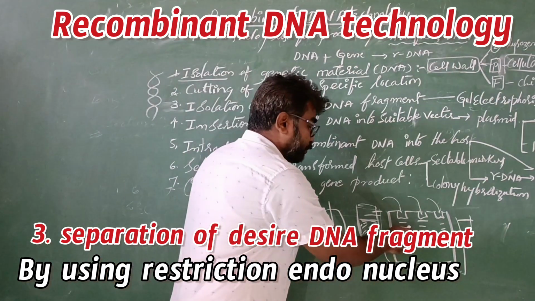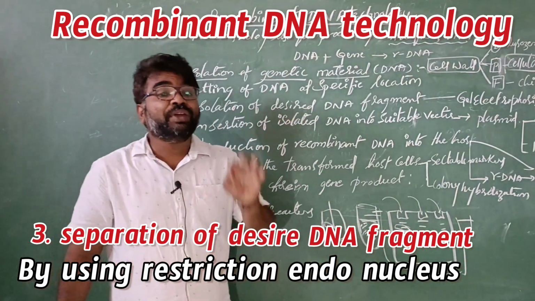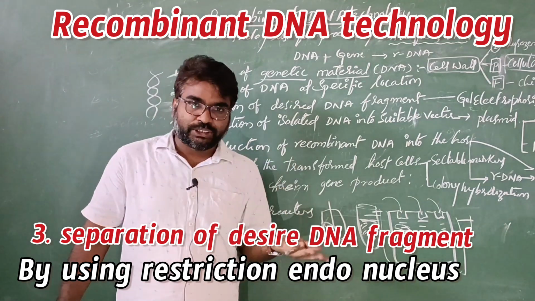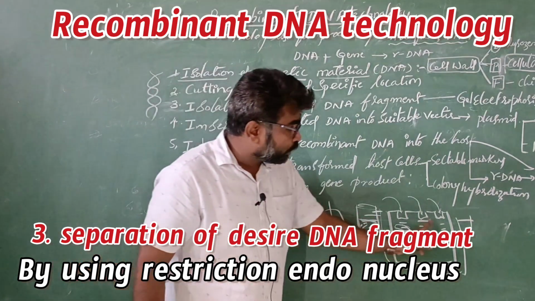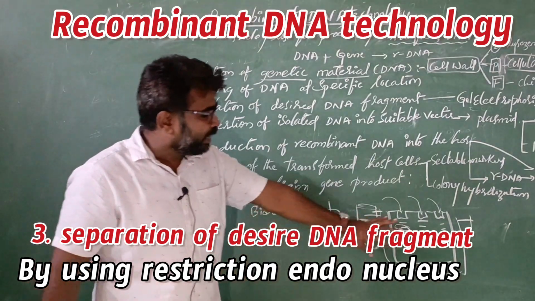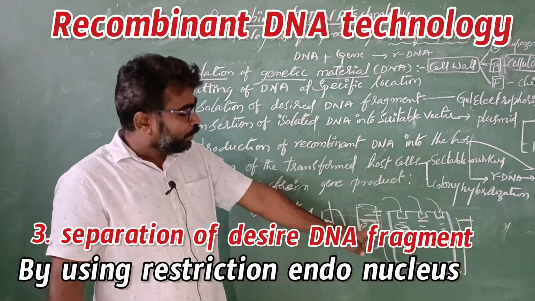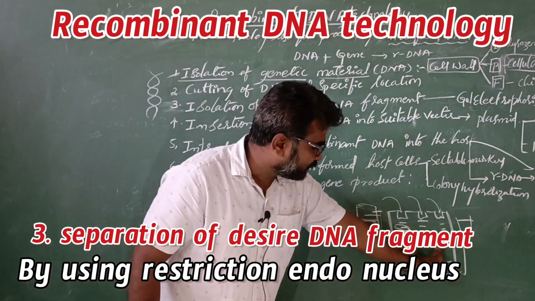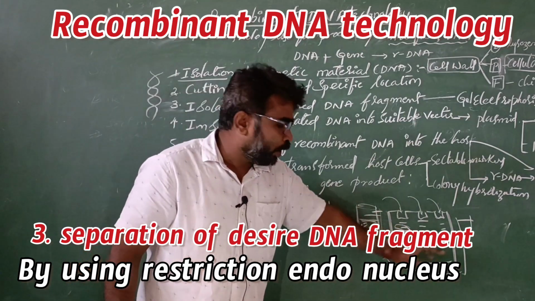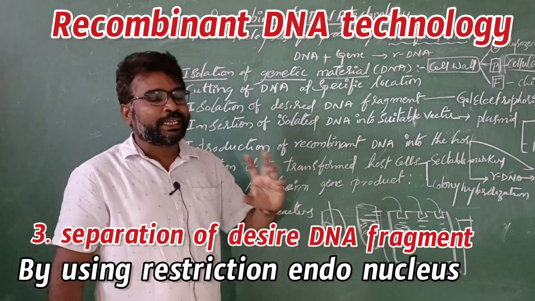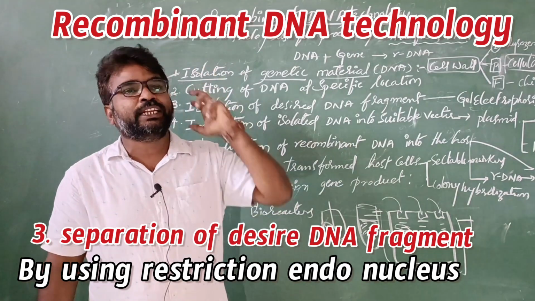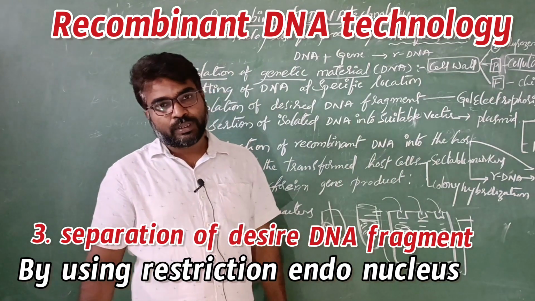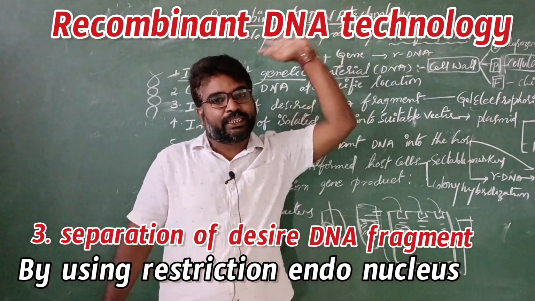Then we take the fragment we need by molecular weight, or by using known markers, known DNA segments of known molecular weight. We can obtain these separated DNAs by the Southern blotting technique.